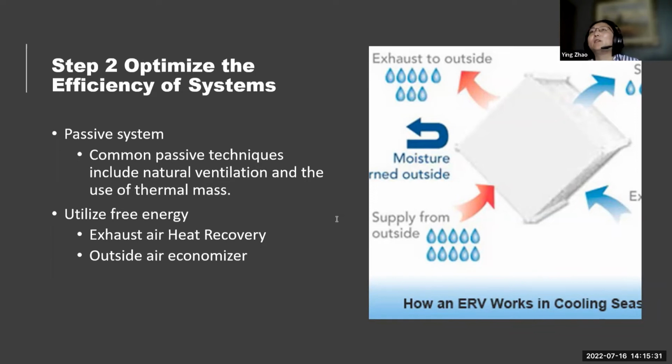The thermal mass stores the heat, and at night it releases the heat, so it reduces the heating load. So that's another typical use of thermal mass. So yeah, it's definitely used widely, but not good for hot and humid climate.